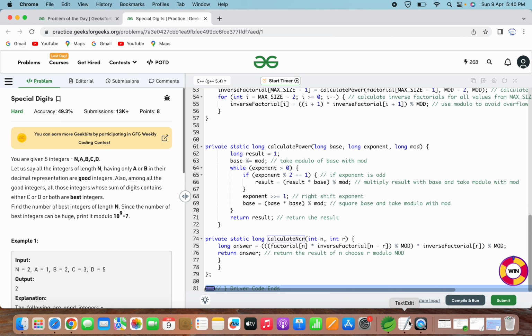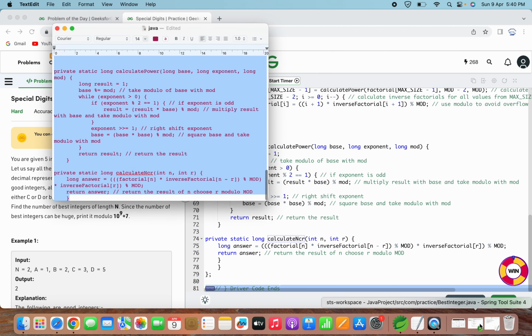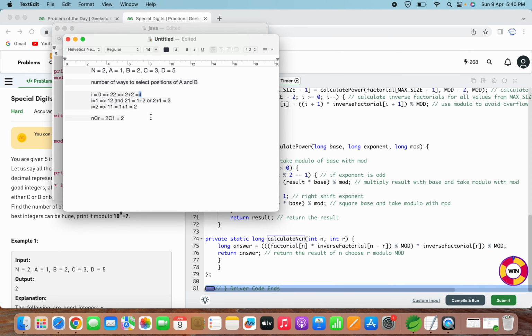Okay, so let me try to write here the exact formula. NCR, can I write it down? Something like this. If we try to write here, then what will it be?